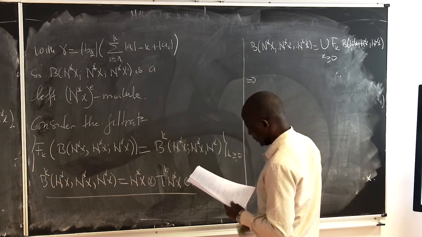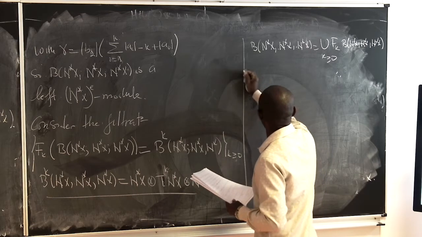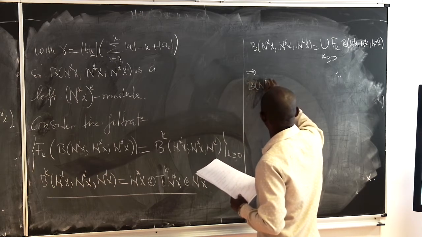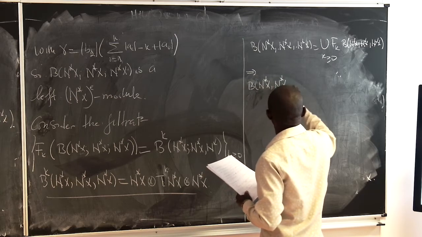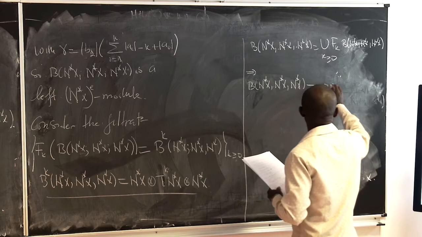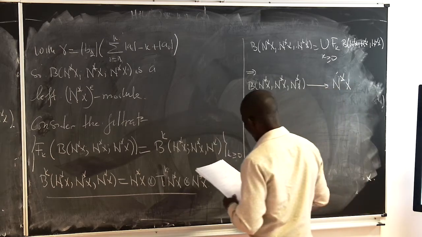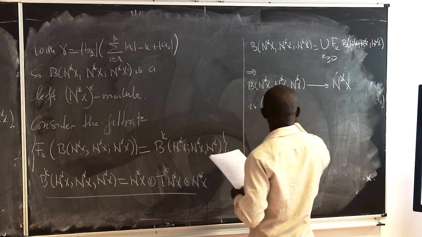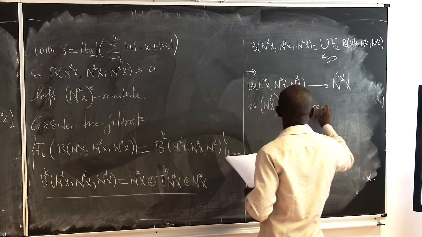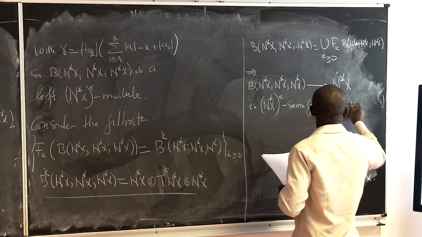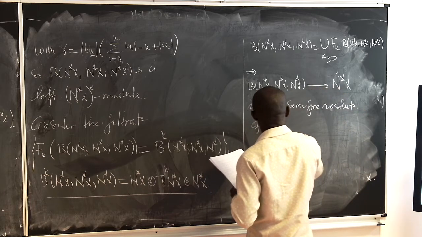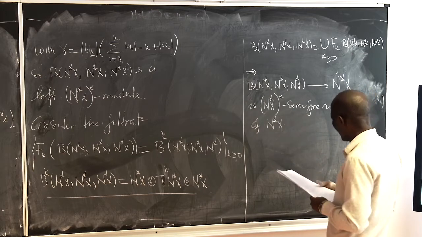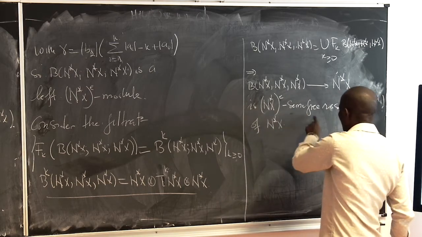This means that, and this implies that B is a semi-free resolution of Nx, or a Nxe semi-free resolution.